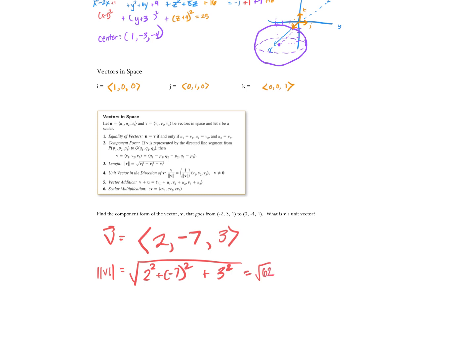But last time I found one by hand, I think I got it wrong, so you guys should double check me for sure. So the unit vector would be 2 over square root 62, -7 over the square root of 62, and 3 over the square root of 62.